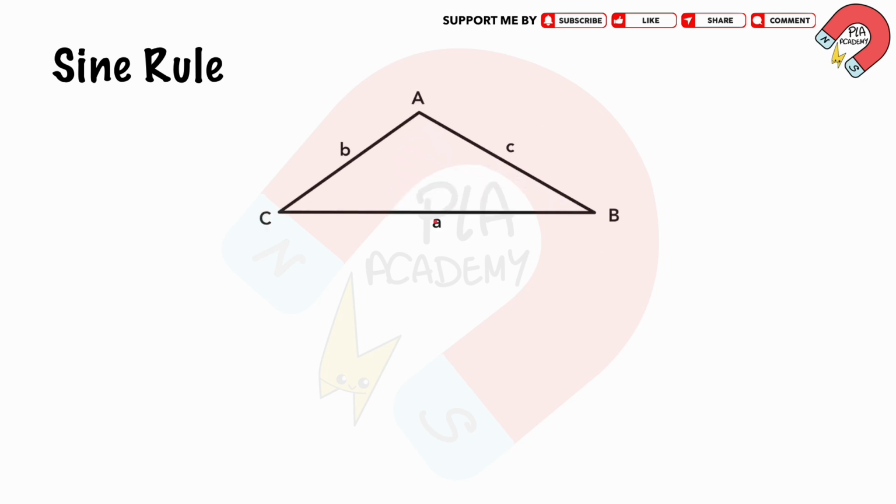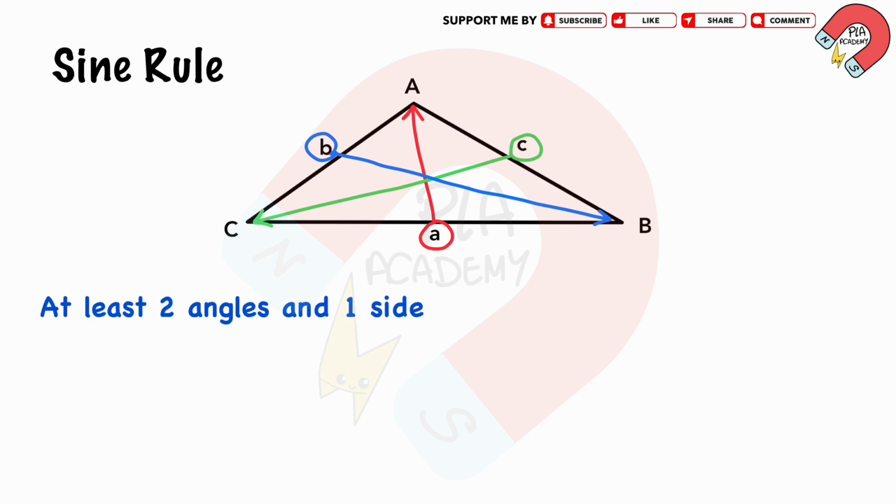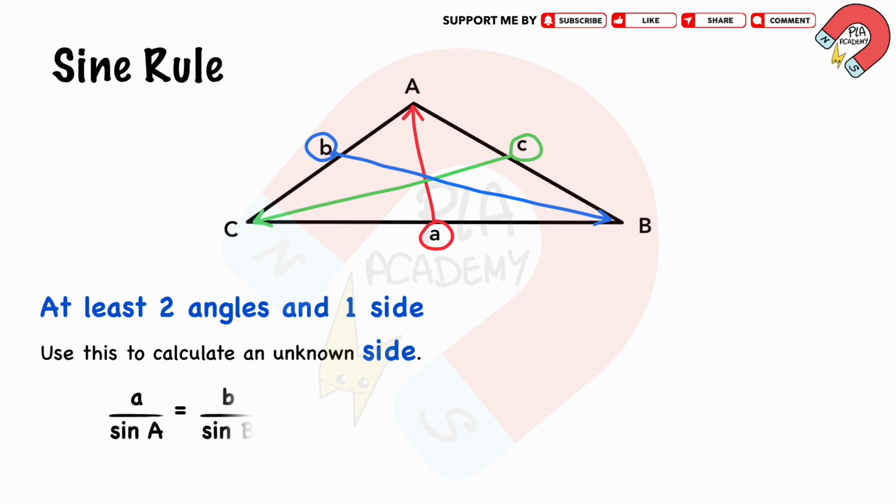In triangle ABC, side a is opposite angle A, side b is opposite angle B, and side c is opposite angle C. To find a missing length, you need to know any two angles and one side. In this case, it is easiest to use the formula with the lengths as the numerators. Side a over sine A equals side b over sine B equals side c over sine C.